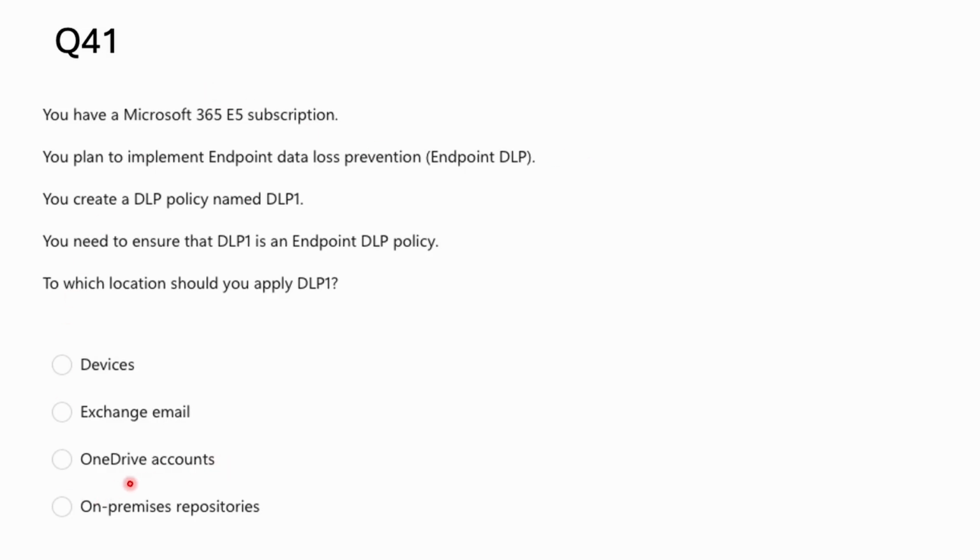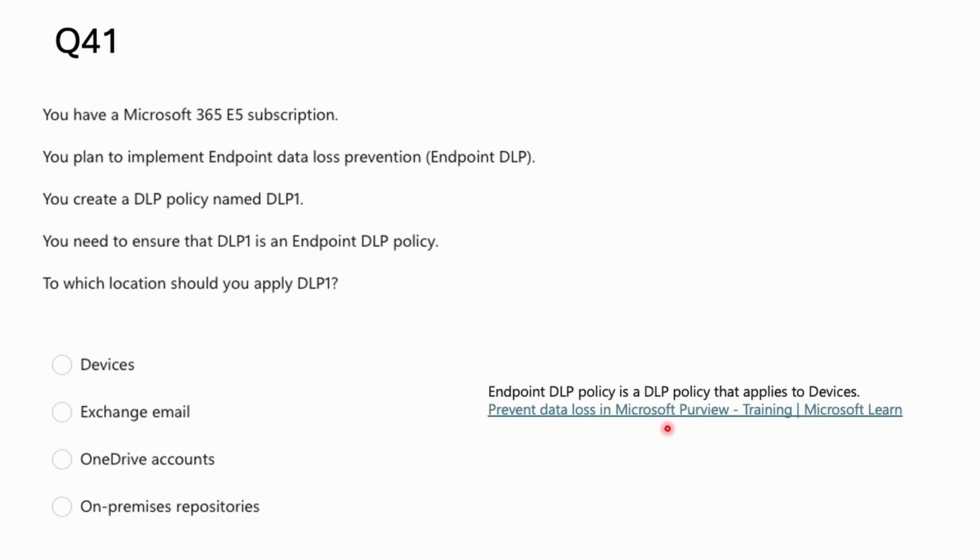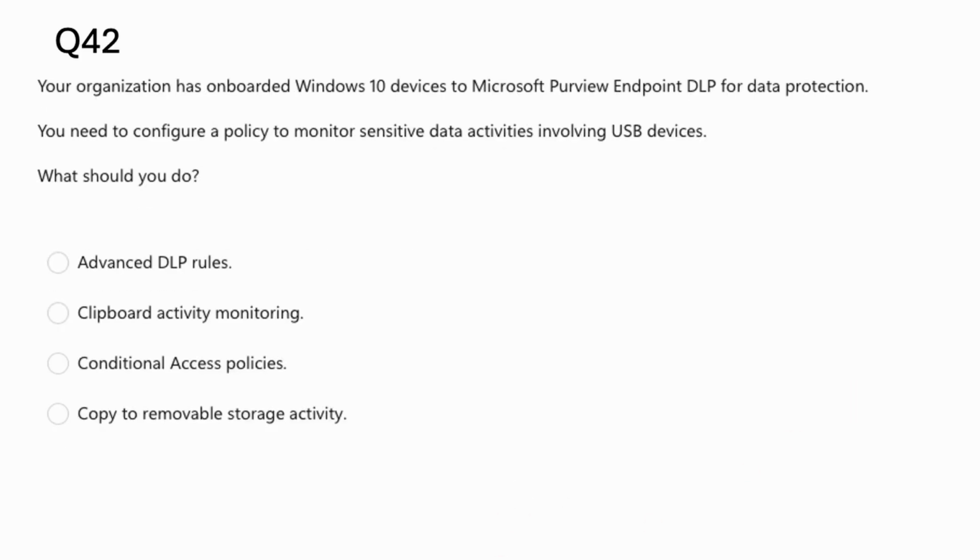The other options, Exchange email, OneDrive, and on-premises repositories, are not correct because Exchange email applies the policy to email or Exchange Online. OneDrive sounds like only OneDrive. And the on-premises repository applies the policy to on-premises file shares and SharePoint servers, not the endpoint. So the right answer is going to be devices. Even the Microsoft reference document talks about that and clearly says that it will apply to the devices. So right answer, devices. Let's explore question number 42.